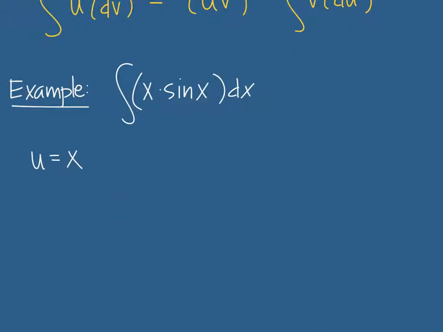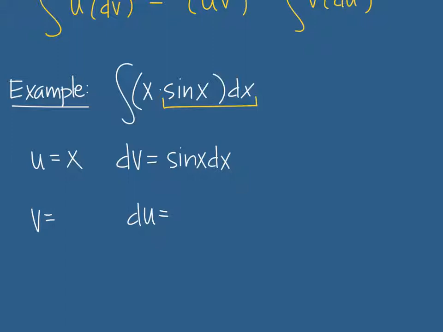First I assign my u, then I assign my dv, and my dv is everything else in the problem that wasn't u. So my dv would be sine of x dx. If those are the two things I've chosen, now I should be able to figure out what v is and what du is.